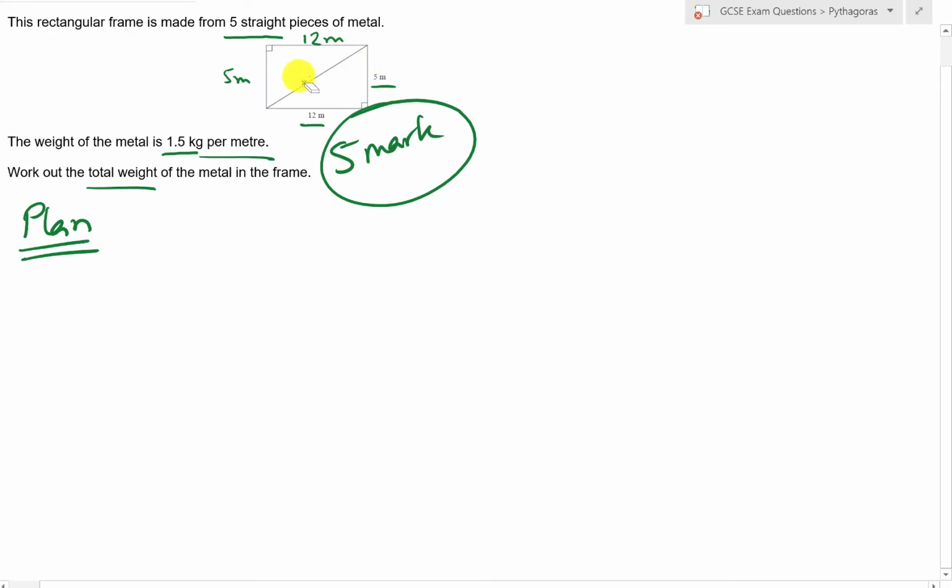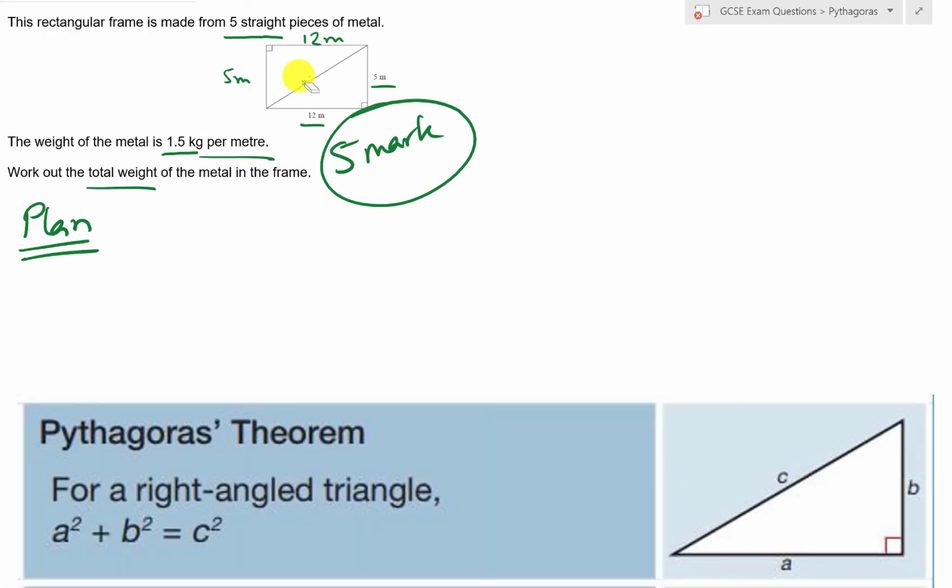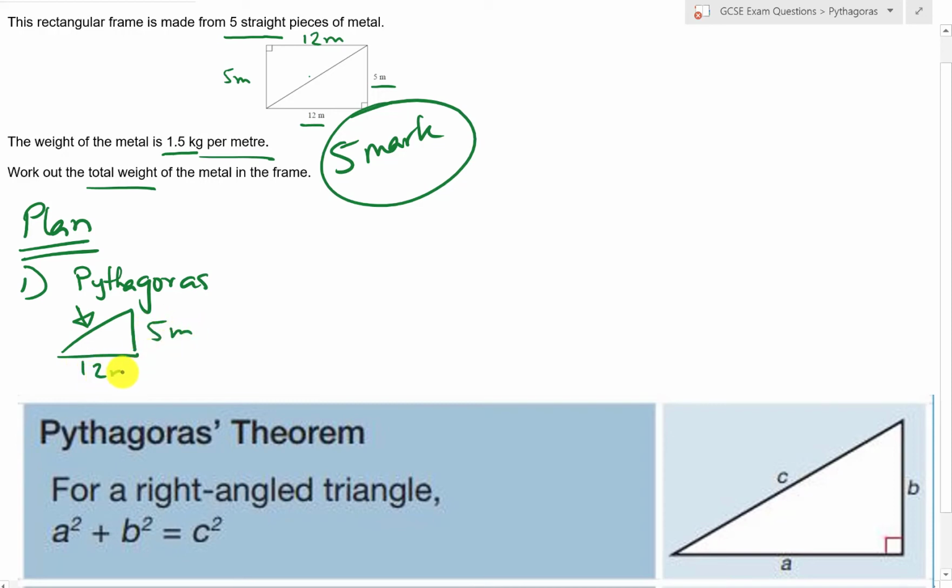First of all, we need to use the formula, which is Pythagoras. So step 1, we're going to use Pythagoras' formula to find the diagonal, which is this side here. We have 12 here, 5 meters here.